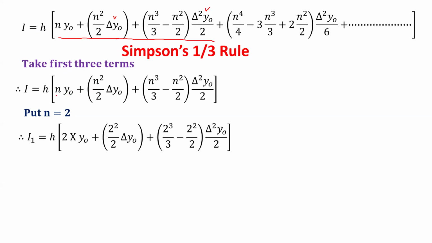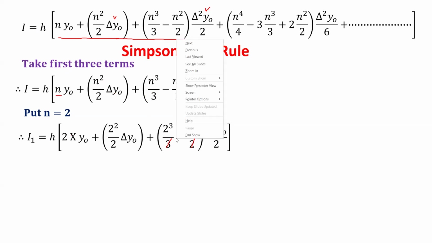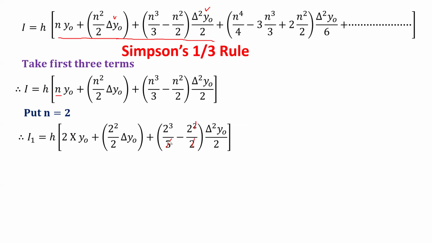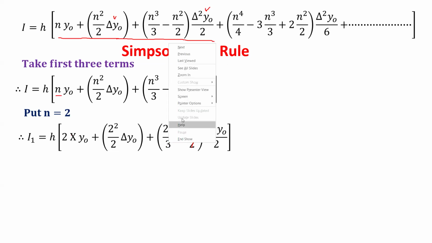So you can see we have 2 into y0 plus 2 square by 2 into delta y0 plus 2 cube by 3 minus 2 square by 2 into delta square y0 by 2. Now these two get cancelled. The 3 is not cancelled, so we have this 3 over here. Now we have to solve these brackets.